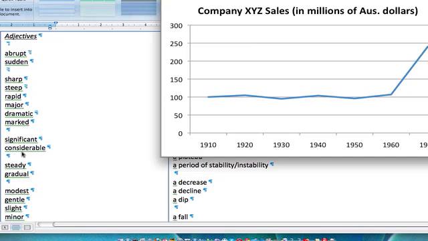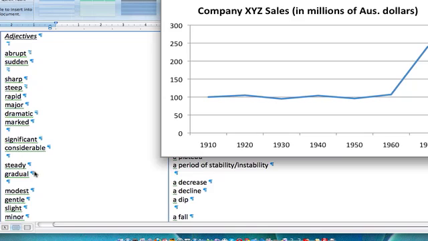The next two are also describing a change that is notable, but perhaps not as major as these up here. So significant or considerable, these would be things that would describe a portion of the trend that changes, but it's not to a huge or extremely surprising amount.